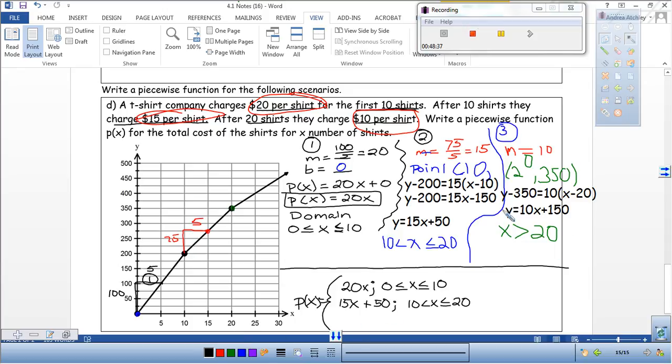And then our last equation is the 10x plus 150, so we put that at the bottom: 10x plus 150, and then you put your semicolon and write the domain, x has to be greater than 20. And that's what a piecewise function looks like. You'll see in your notes that this is what we're learning: piecewise functions.